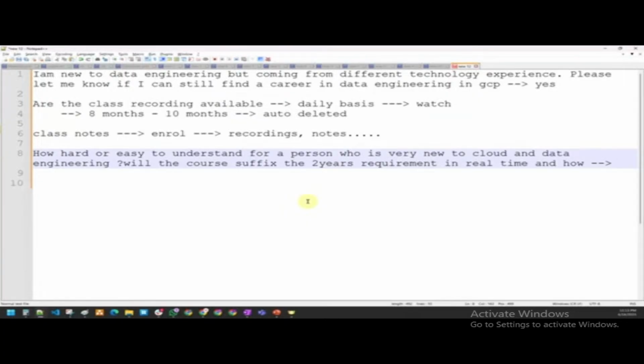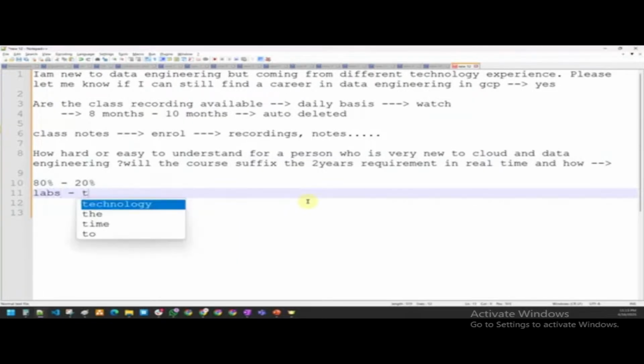If I'm talking about something theoretical and you may not be able to understand it, I'm going with a lot of examples. My way of teaching, I think I did not tell you guys, is the 80 by 20 model: 80% is practicals, nothing but lab sessions, and 20% is theory.